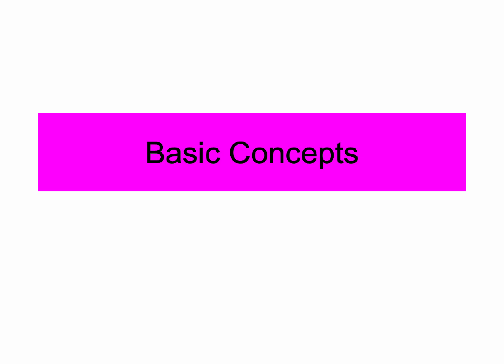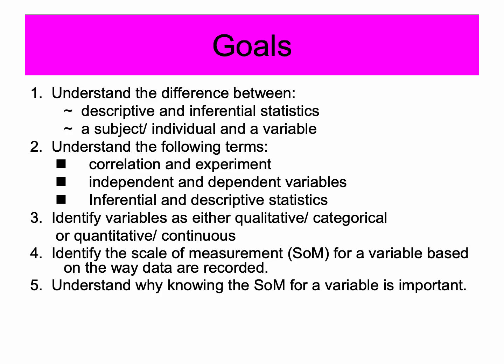So the goals for this chapter are to understand the differences between descriptive and inferential statistics. With those two different types of statistics, essentially, descriptive statistics is just describing the data we have, and then inferential statistics will be using that data to make inferences about the population.